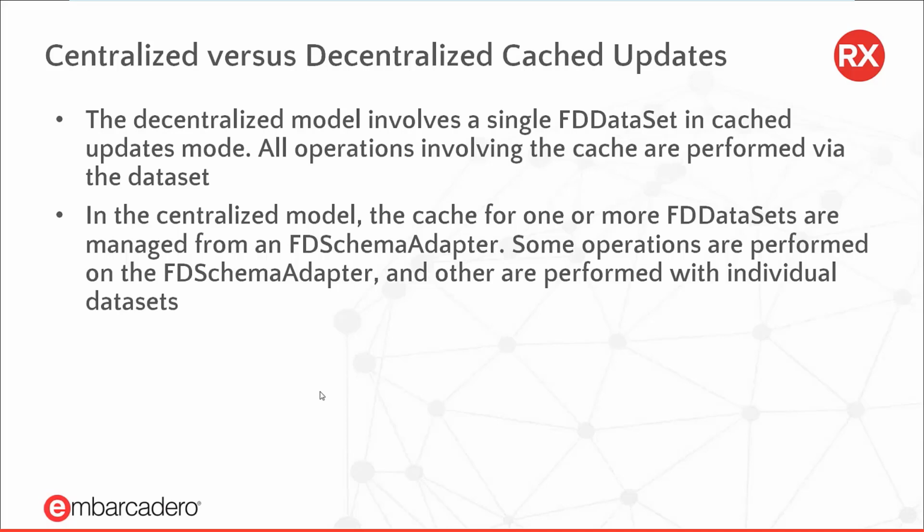And I'll tell you, one application that I worked with, one of the companies I consulted for, we had a form that had more than 30 data sets on it, and we placed that entire collection of data sets into cached updates mode, and it worked. It was really spectacular.